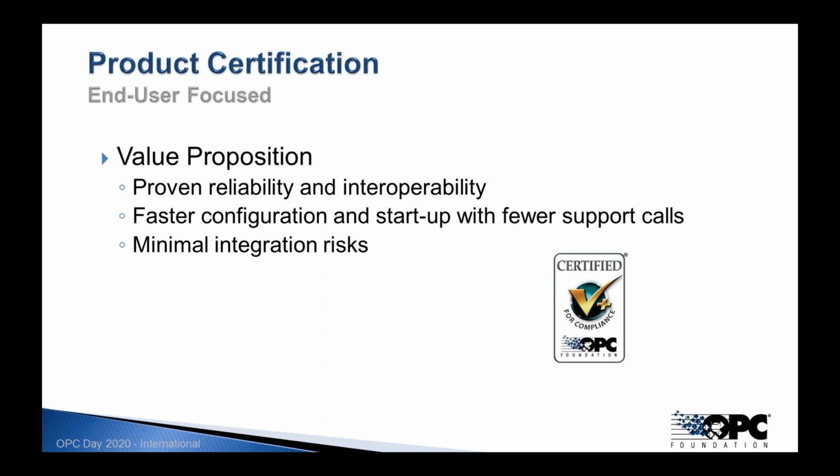You have minimal integration risks, and you can go towards the target of plug and play, that you just buy different application systems from different vendors and they're supposed to work out of the box with each other. And you can look for this logo, certified for compliance, that the products can use to show that they have been certified.